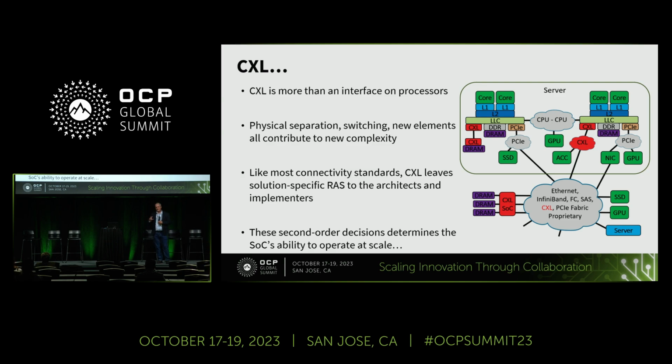But fundamentally, there's a cost-performance trade-off, especially on the reliability side, in how much you're going to add to your solution to cover reliability. As I talk to some people entering the CXL market, they are not familiar with the requirements for reliability.